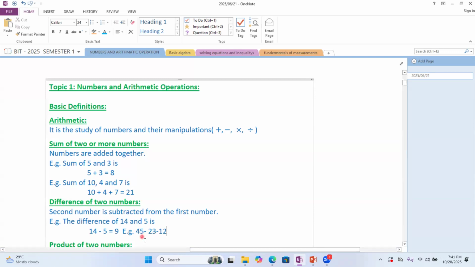How can we subtract it? There are 3 numbers here.